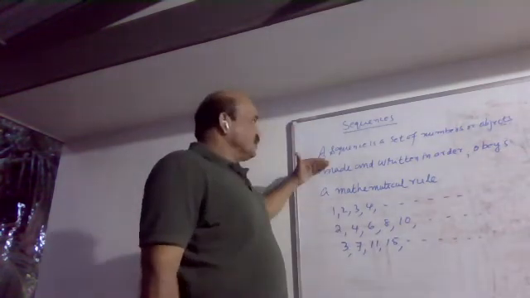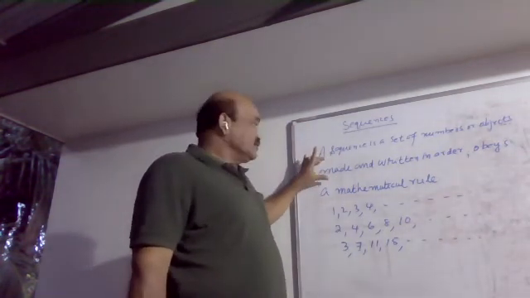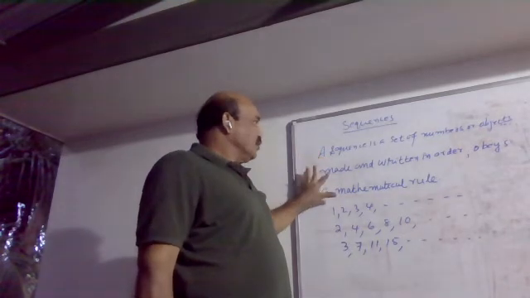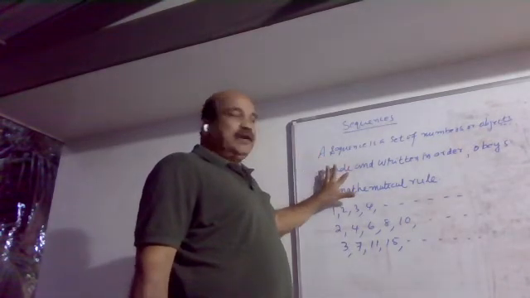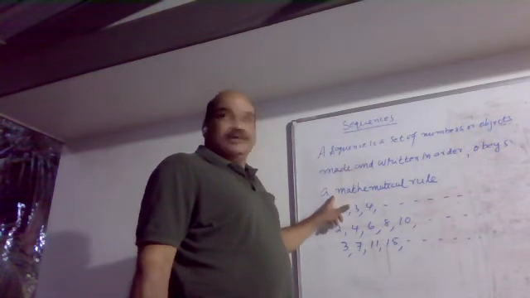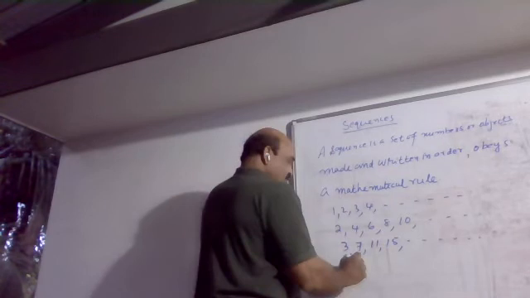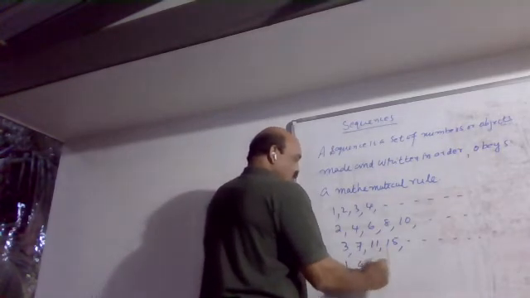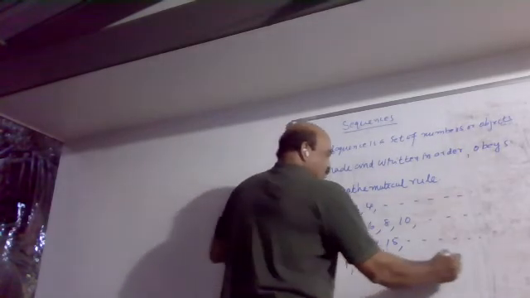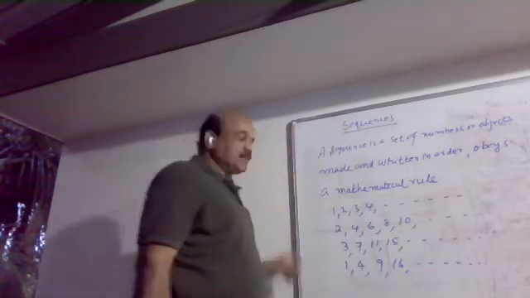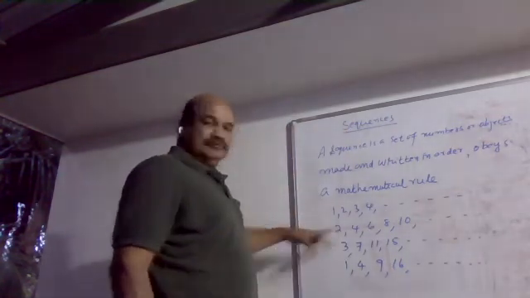So these are sequences. You know what a sequence is now? A sequence is a set of numbers or objects made and written in order and obeys a mathematical rule. Look at this one: 1, 4, 9, 16, etc. It's another sequence, different from this one.